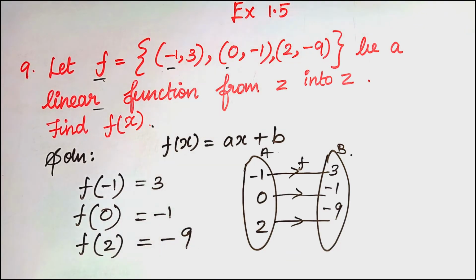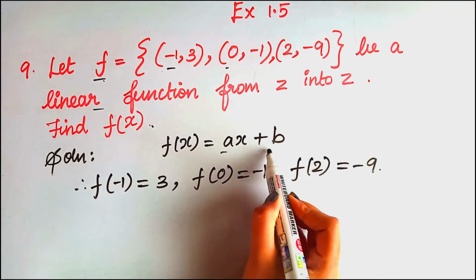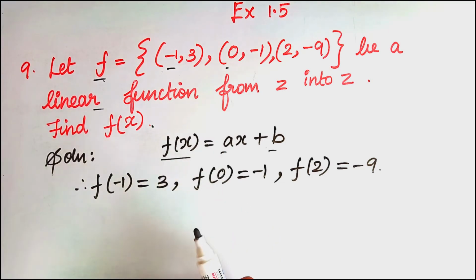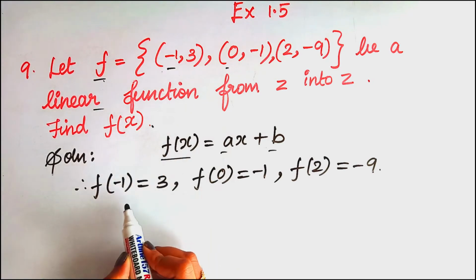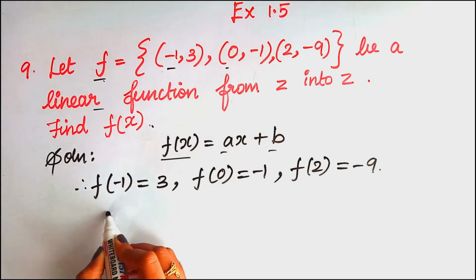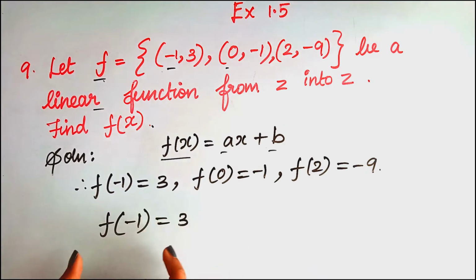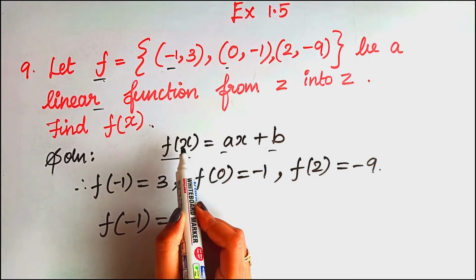Now let's find the values of a and b. That's what we have to find here, since we have to find f(x). For that, let's substitute. First let's take f(-1) = 3 and substitute it here.